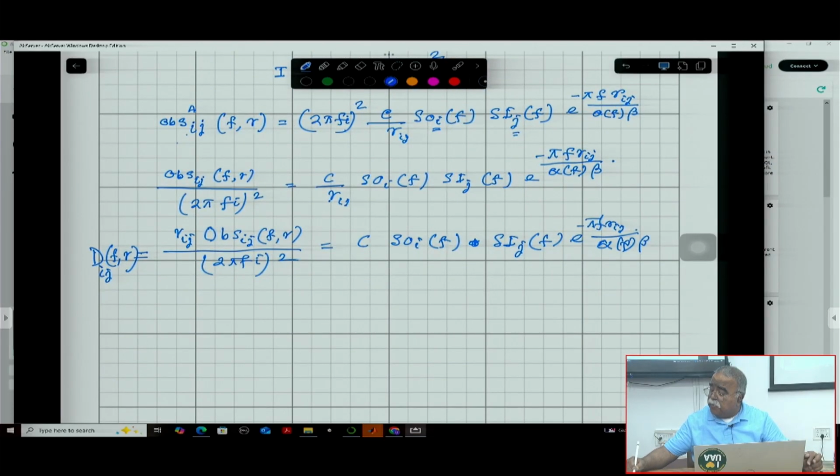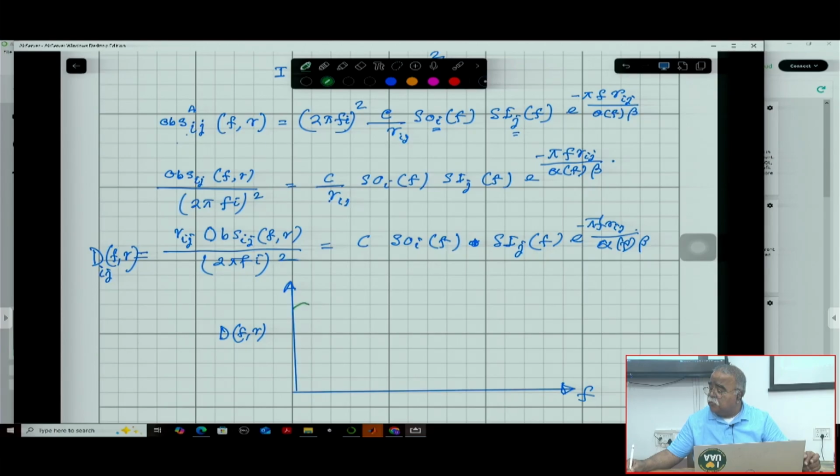Now this displacement spectra you can calculate and plot. So this will be the displacement spectra plot, with f on one axis and the displacement spectra on the other, and it will look like this.